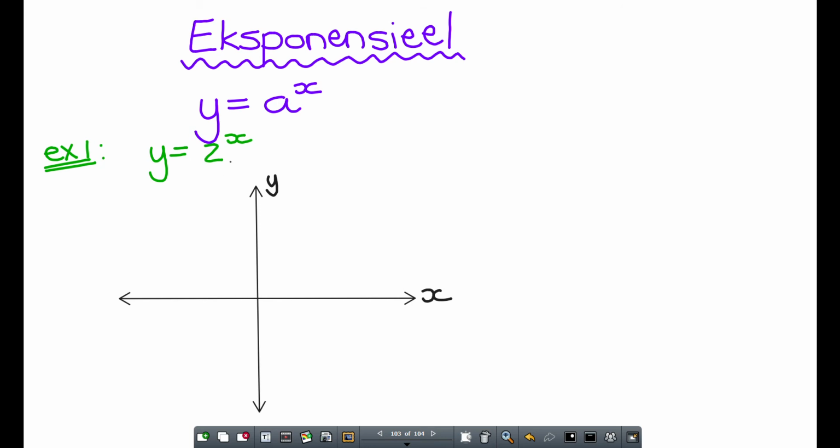So the a value, can you see that that is greater than 1? Sien julle dit? Hy's groter as 1, nee. So dadelik weet ek, my grafiek gaan so iets lyk. Is julle by? Nee. Okay, but now we've got to plot points.